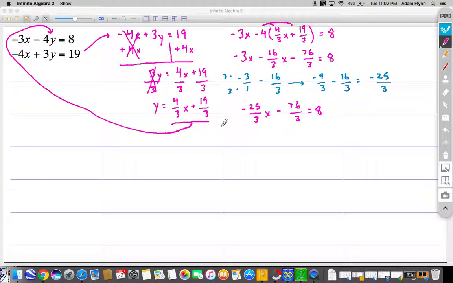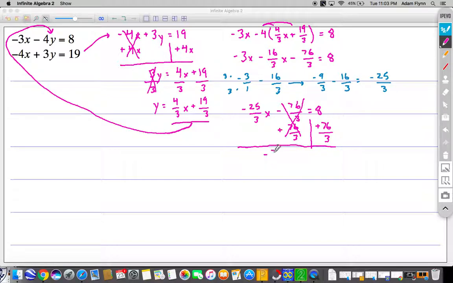Okay, so I will add 76 over 3 to both sides. And when I do that, negative 76 over 3 plus 76 over 3 cancels.